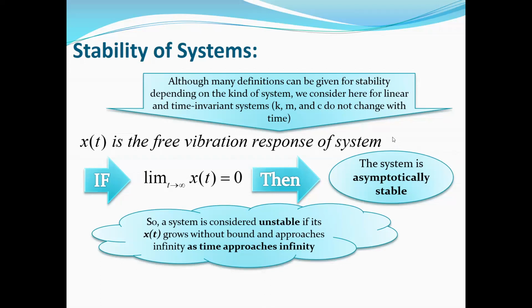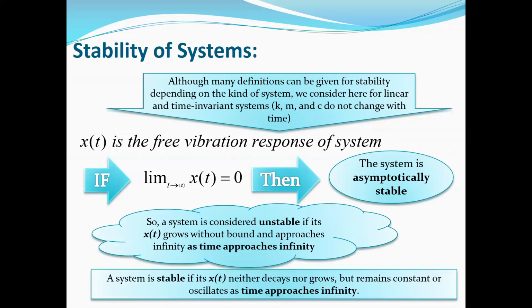A system is considered unstable when x(t) grows without bound and approaches infinity as time approaches infinity. So for an unstable system, the amplitude of the response will increase without any bound over time.